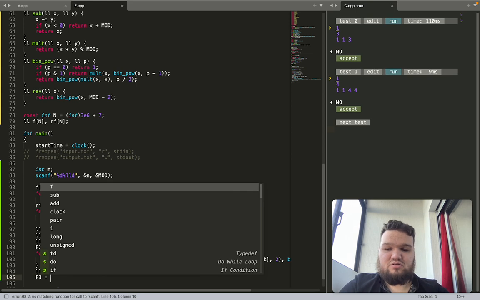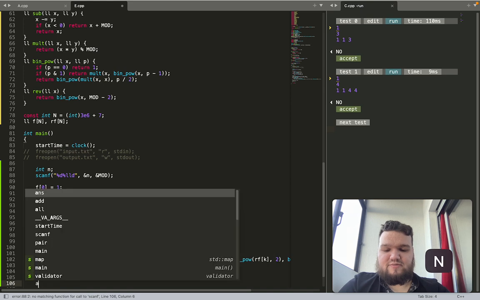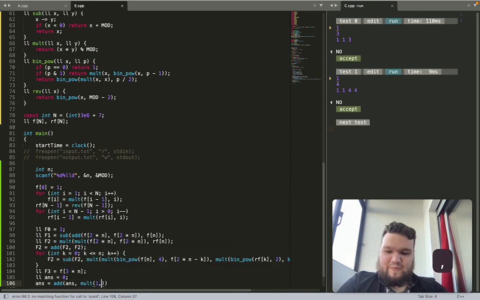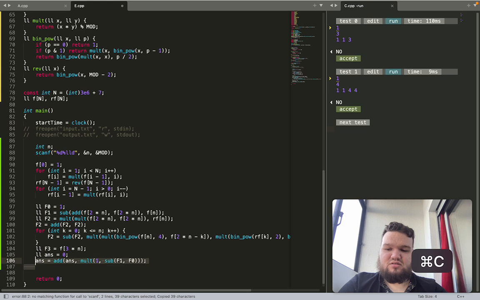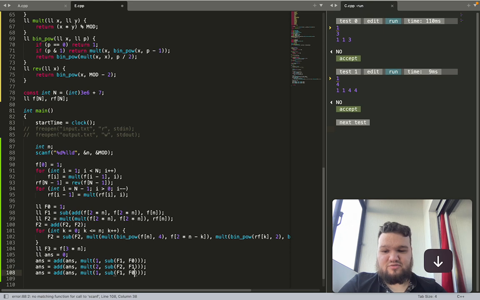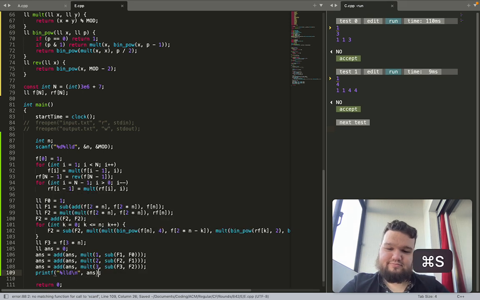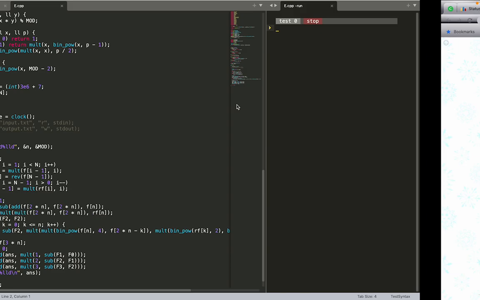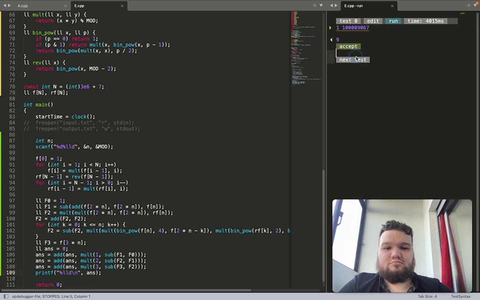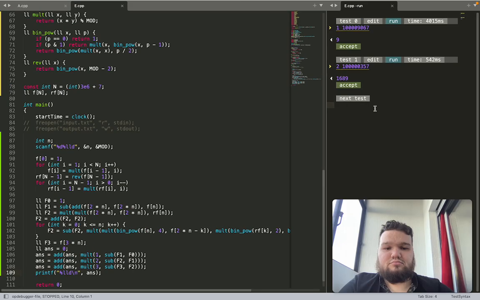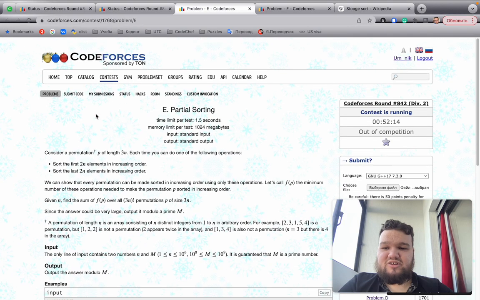Now the answer is f1 minus f0 multiplied by 1, f2 minus f1 multiplied by 2 because it's the number of permutations for which you need exactly 2, and f3 minus f2 is the number of permutations for which you need exactly 3. Works, but I'm not happy about it.